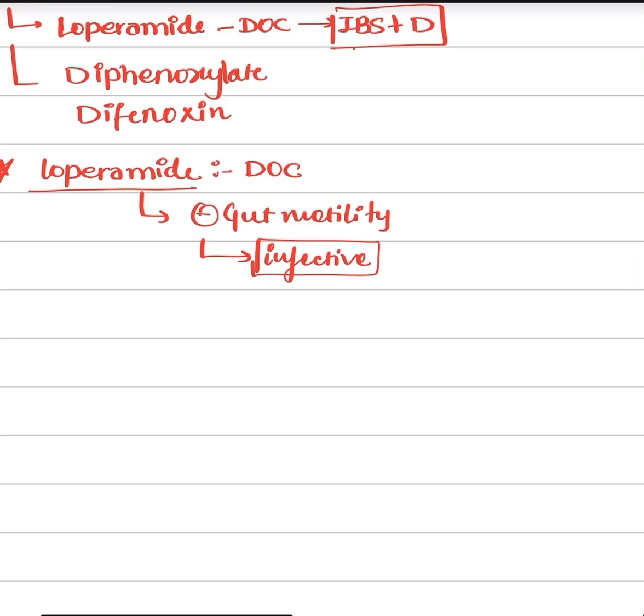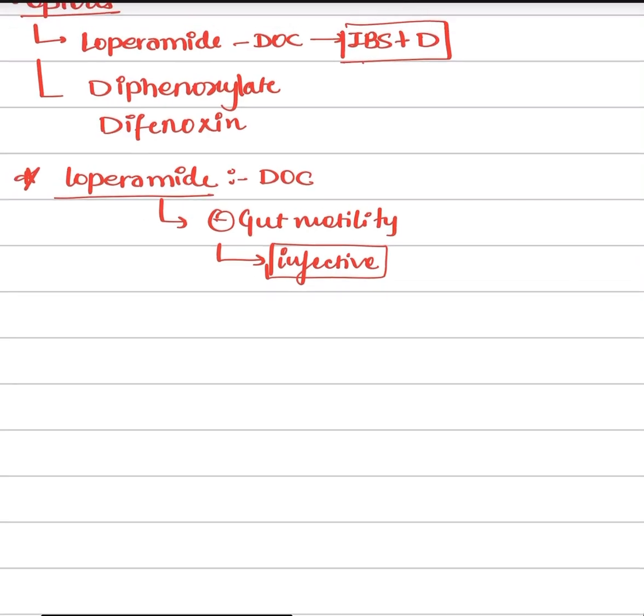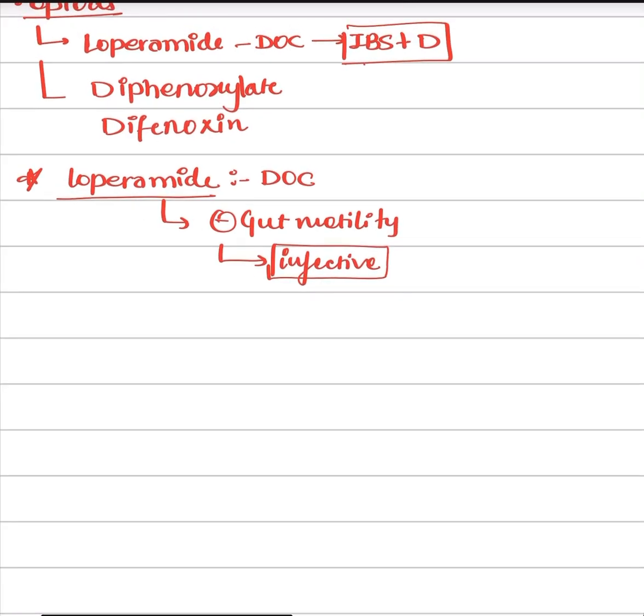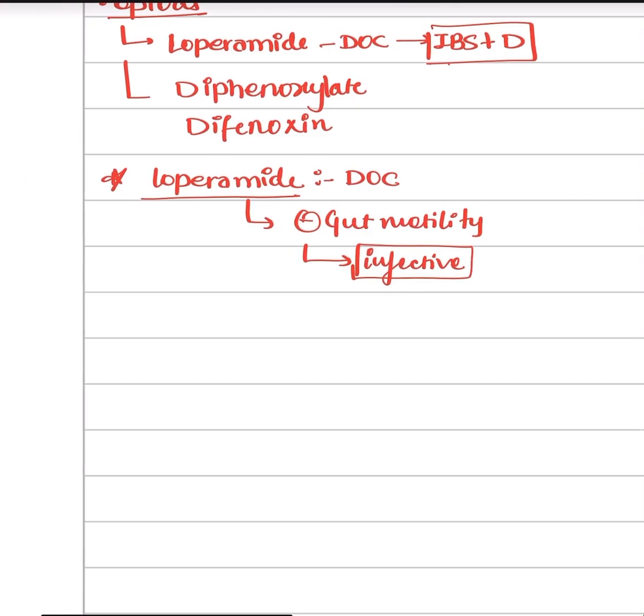First treat it with IV fluids, ORS, or drugs which can inhibit the GI secretions. So unless it is required, avoid using loperamide in infective diarrhea. We can use it in secretory diarrhea, but not in infective diarrhea.